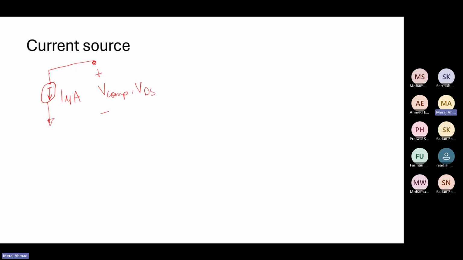Suppose we have this value 0.9 volts, and we take three examples: this is 1 micro and you apply 150 millivolt, and this again ideal 1 micro and this is 50 millivolt. Do you think in all three cases you will get exactly 1 microamp if it's an ideal current source?